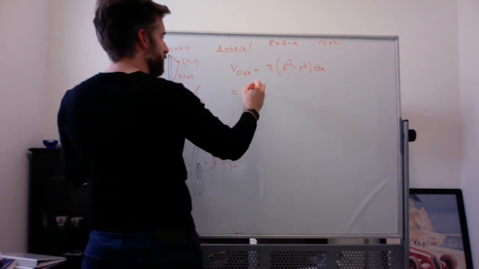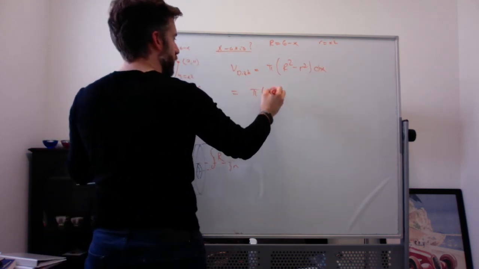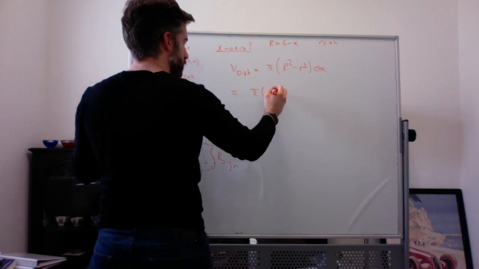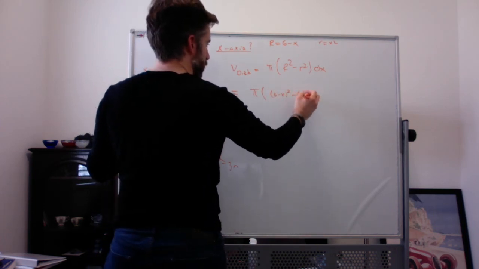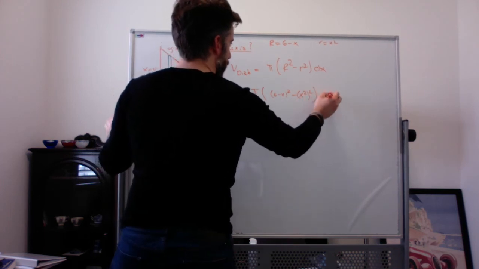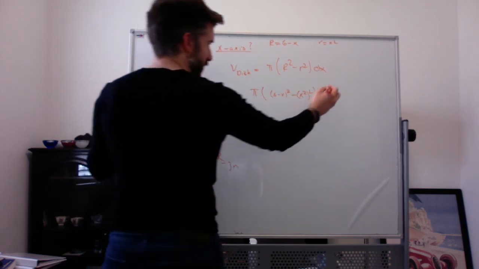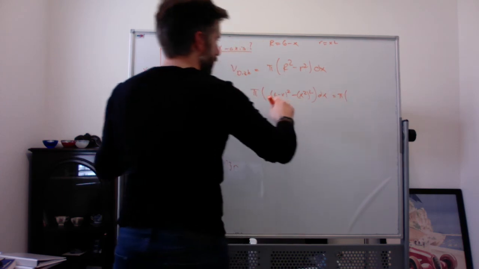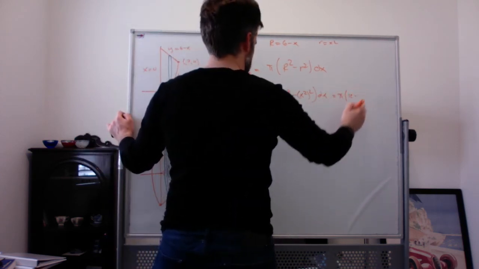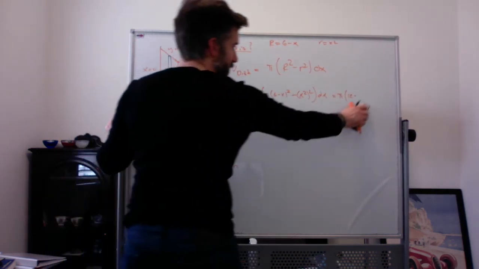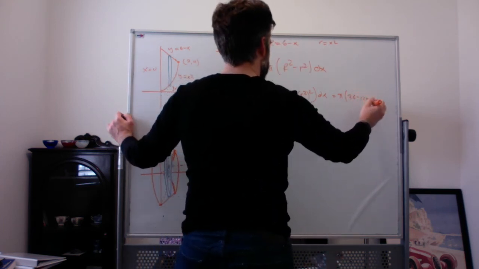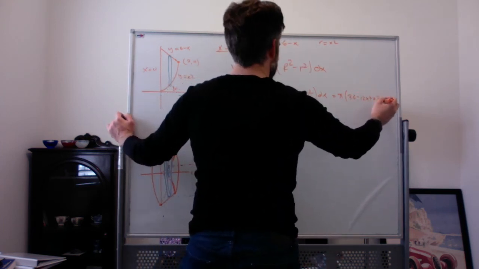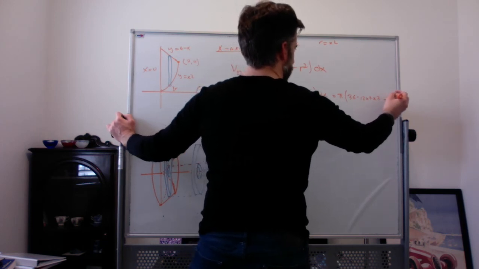So the volume of my disk is pi times the quantity 6 minus x squared minus x squared squared. And we can simplify that. In fact, we should. That's pi times, sorry, 6 squared is 36, 36 minus 12x plus x squared minus x to the 4th.